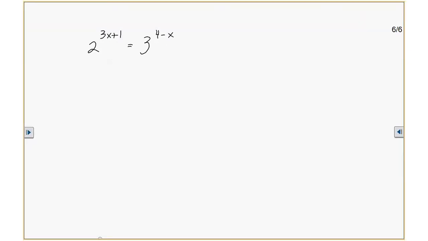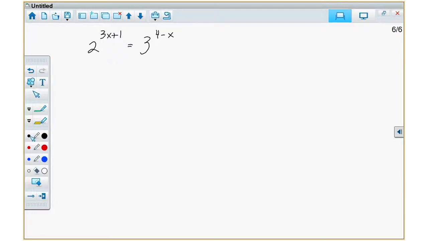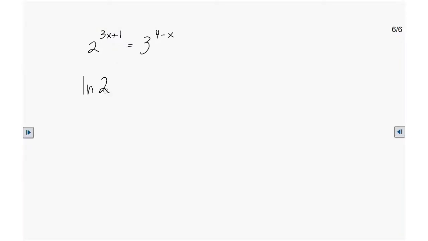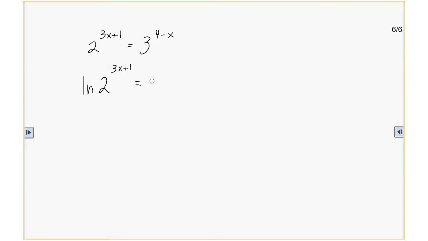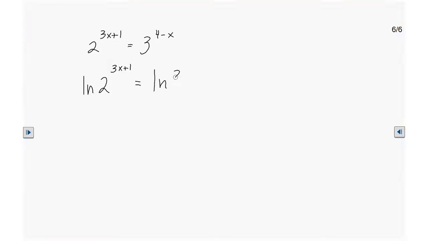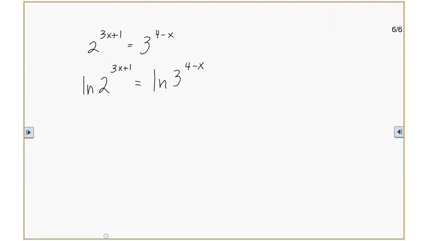You can't change 2 and 3. They're both prime. So, take the log of both sides. All right, finish it. Using the power rule.